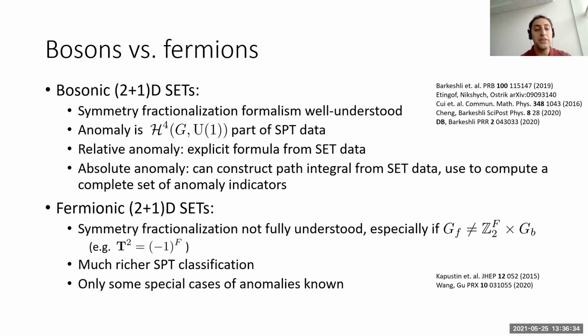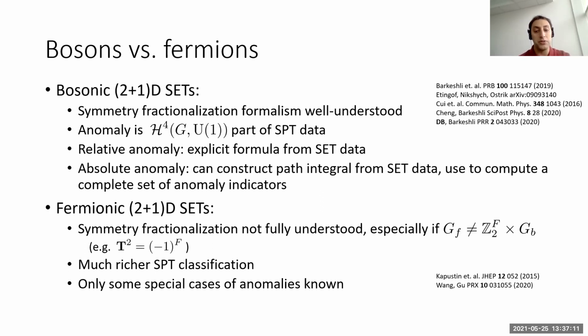The relative anomaly has an explicit formula from SET data, and that was given by Meng and Mason. Then in some prior work, Mason and I gave a construction which allows us to compute the absolute anomaly. From the SET data, we can construct a path integral for the SPT that hosts the SET and use it to compute a complete set of anomaly indicators, at least in a large number of cases.